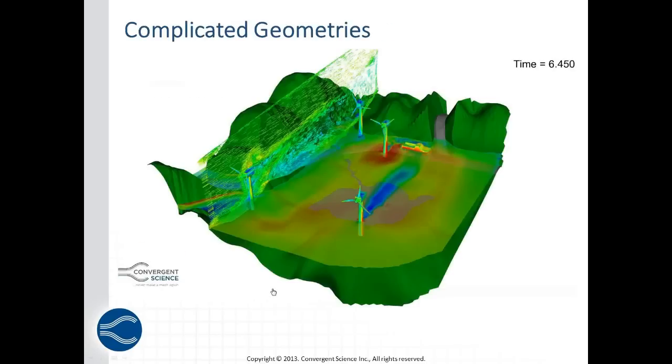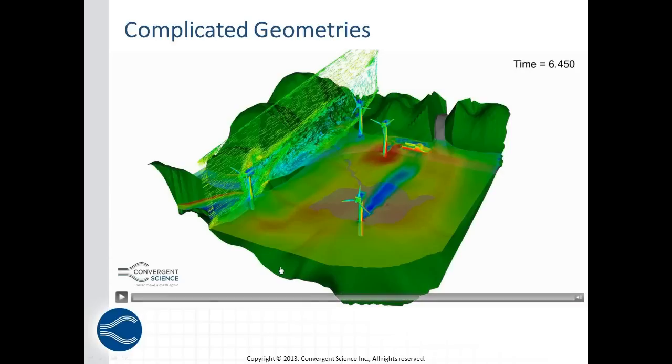I've talked a couple of times about how we've used complicated geometries, and one of the key features Converge has is to be able to accommodate those complicated geometries. Here's a non-combustion example, but I think it makes the point that I'm trying to make. Here's a couple of wind turbines, and this is the way that we set this case up. We went and looked for a geometry file that described this little canyon here, cute with a little waterfall too. We found another geometry file that described what a wind turbine would look like and imported that.